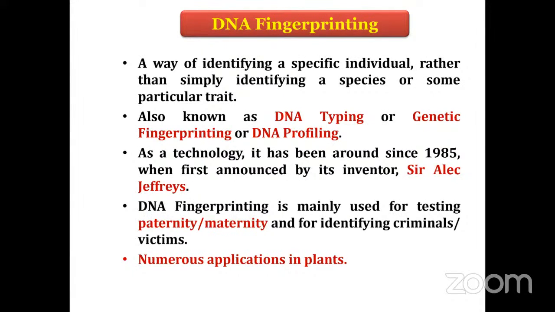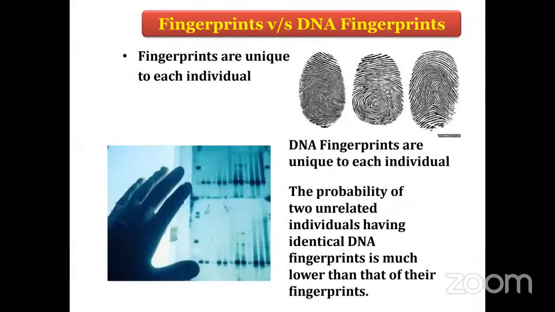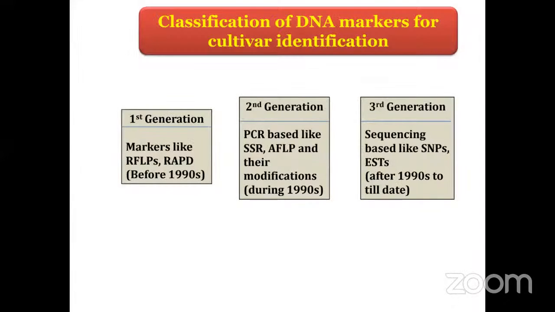And right now, if you would like to register a variety under the PPVFRA Act, DNA fingerprinting can be performed. Based on the banding pattern, you should identify such a unique DNA fingerprint for an individual plant variety, right? These are the various markers used for DNA fingerprinting, like RFLPs, RAPDs, SSR, AFLPs, ESTs.